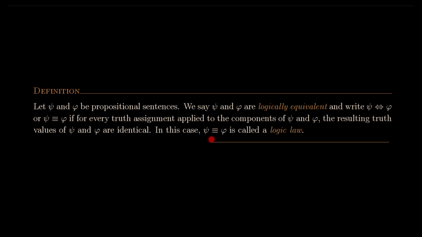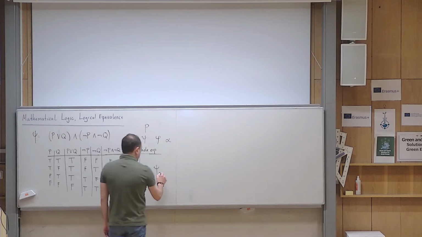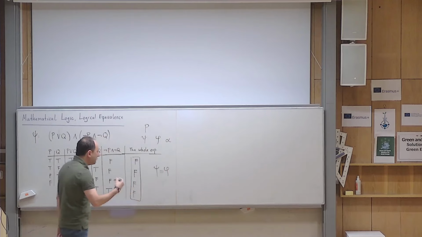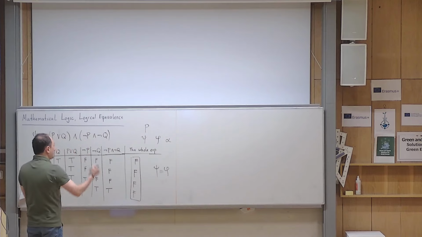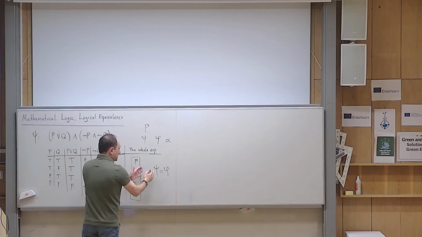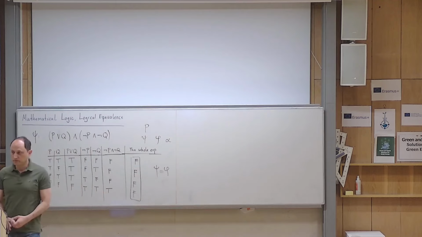In this case, this relation that you see is called a logic law. Is that clear? So, two propositional sentences are said to be equivalent if for every assignment of truth or falsity to the components of psi, and the same assignment for phi, they become the same. Yes, that's the meaning.